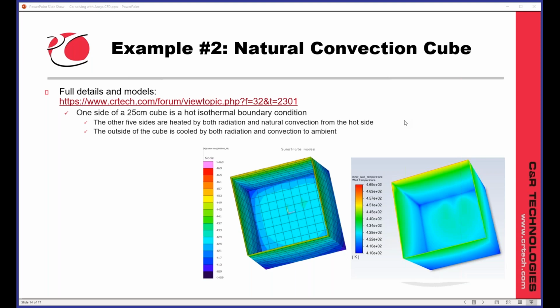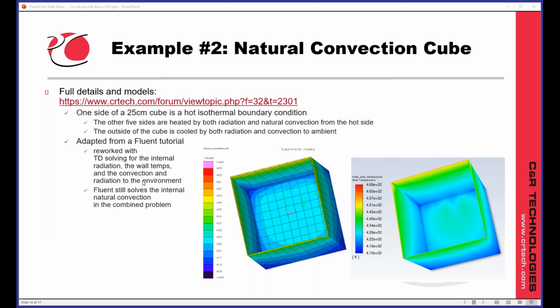I think it's about 500 K. So it radiates, and all the air inside naturally convects to deposit all the energy. On the inside of the cube, it's got thick insulation, and then it convects and radiates to ambient on the outside of the cube. And so we solved this, of course, both with ANSYS and without ANSYS. And we also solved it with just ANSYS.